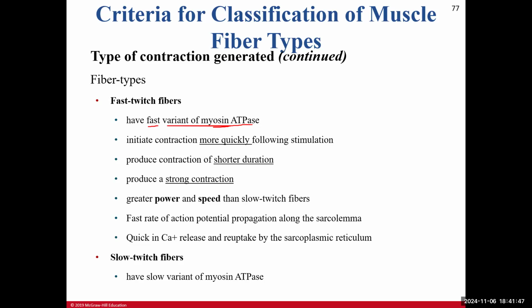So if you're going to sprint or if you're going to jump, you're going to be using the fast twitch muscle fibers primarily because they can generate a quick action potential. They don't last very long, but they can create a lot of power, essentially. All right, so with these fast twitch muscle fibers, they're going to dump calcium into the sarcoplasm quickly, and they're going to take it out of the sarcoplasm just as fast.